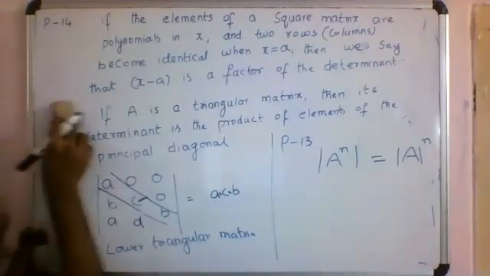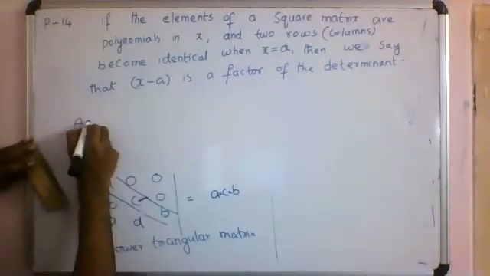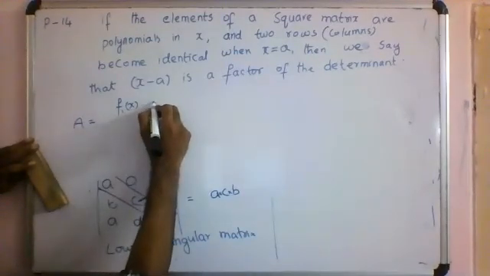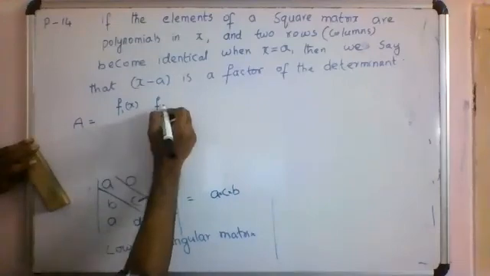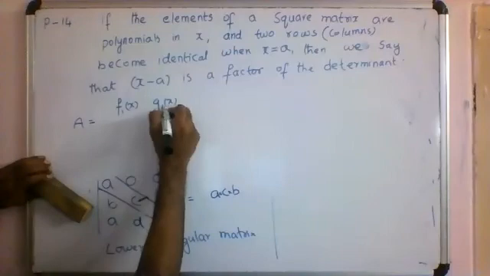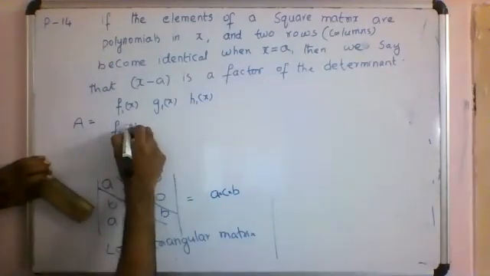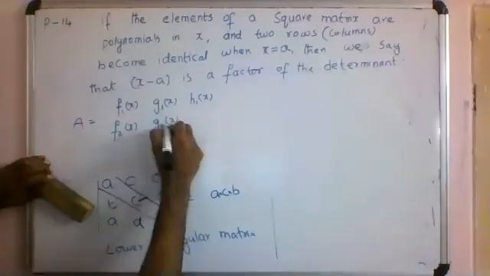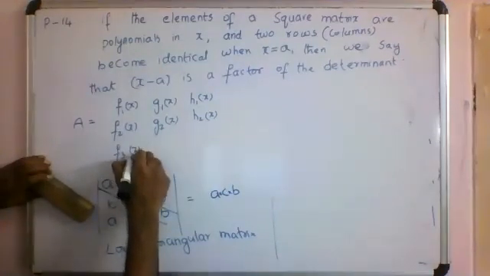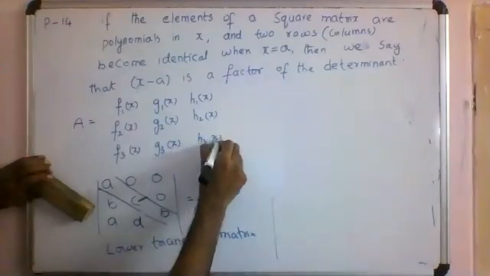For this, if I take a matrix like this: f1 of x, g1 of x, h1 of x, f2 of x, g2 of x, h2 of x, f3 of x, g3 of x, h3 of x.